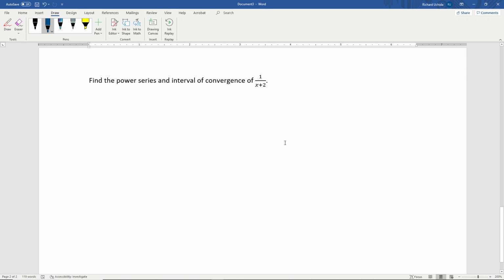Now looking at one more example of the third property, let's find the power series and interval of convergence for 1 over x plus 2.